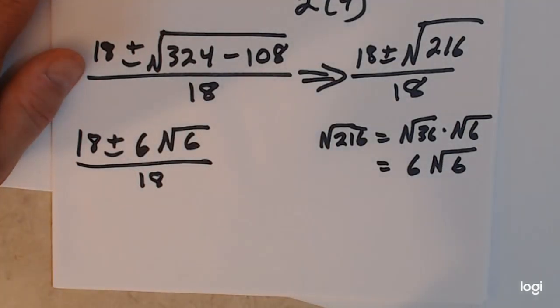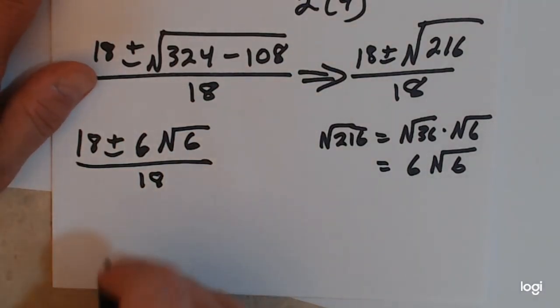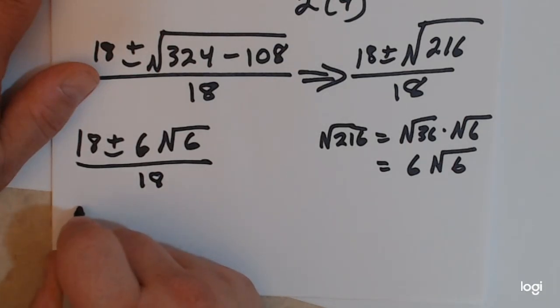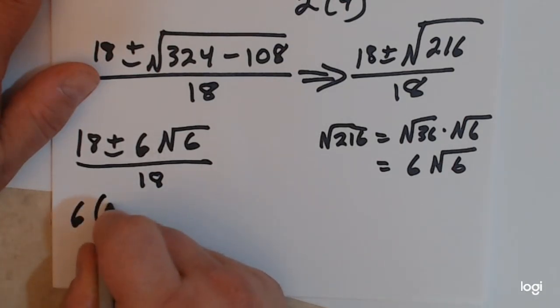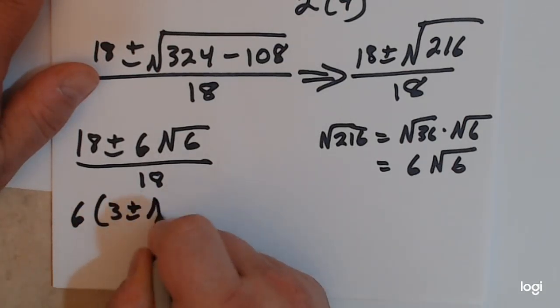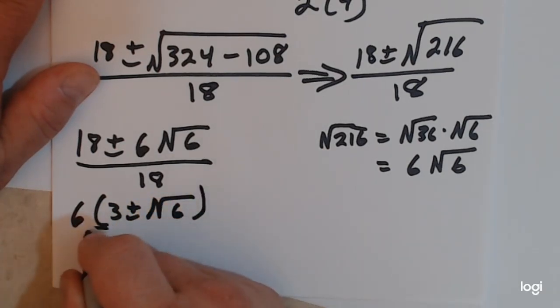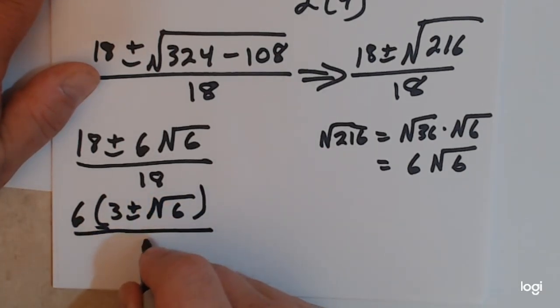Now, I believe we can factor out a 6 here. So if we factor out 6, we get 6 times 3 plus or minus the square root of 6 all over 18.